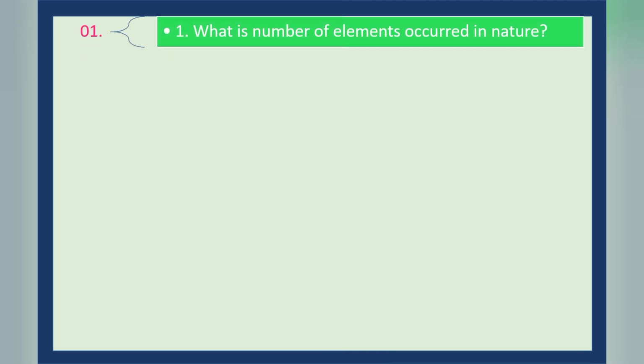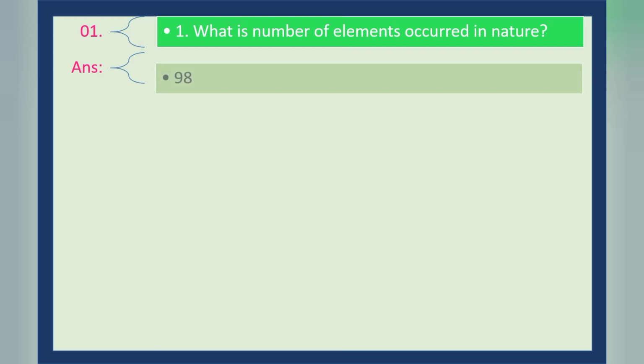So dear students, the number 1 question is, what is the number of elements that occur in nature? So that means, of the elements we get in nature, how many of them are natural?